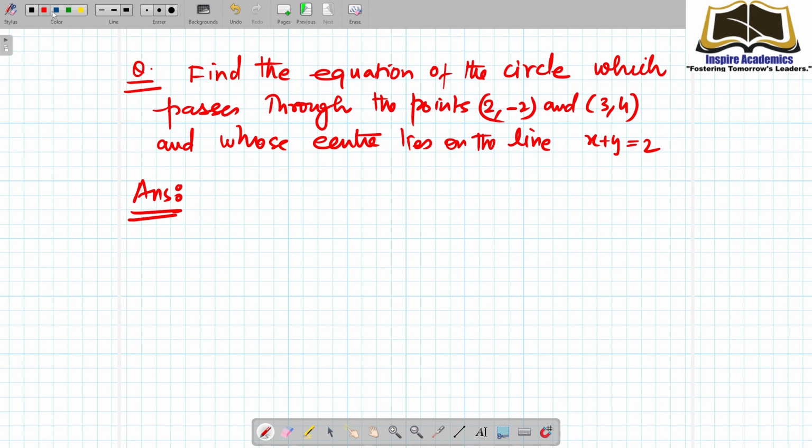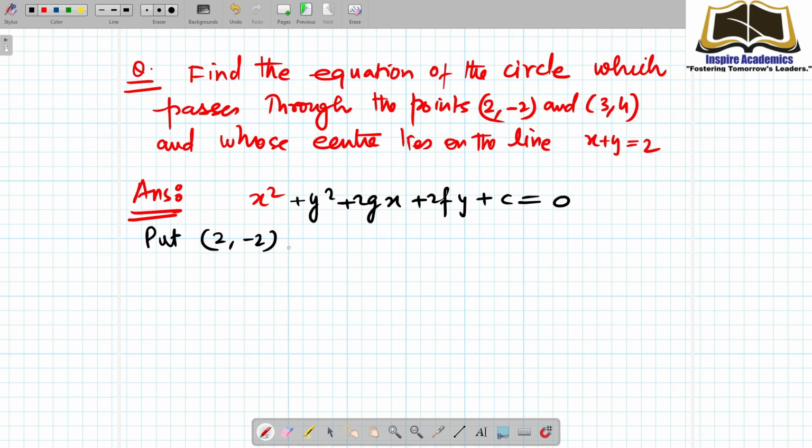Let's try to find a solution. So what we have said, that the standard equation of a circle is x square plus y square plus 2gx plus 2fy plus c equal to 0. Since the circle passes through the point (2, -2), let's put this point as x and y.